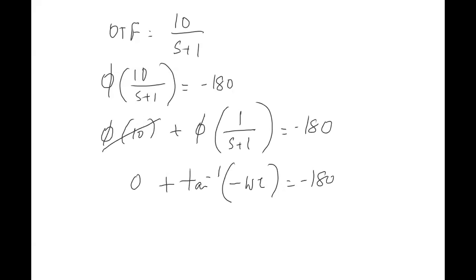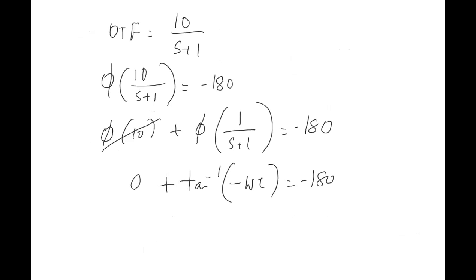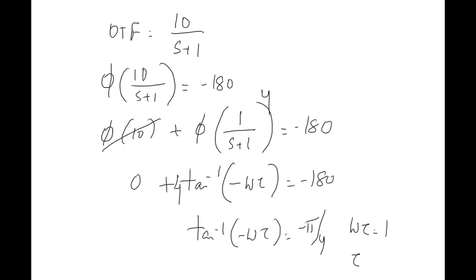Let's take, I'll change the transfer function. Just take this as 10 by (s plus 1) whole power 4, so that the numbers become simple. So what you get is power 4 times tan inverse of minus omega tau equal to minus pi by 4. So omega tau is equal to 1. Tau is 1, no?